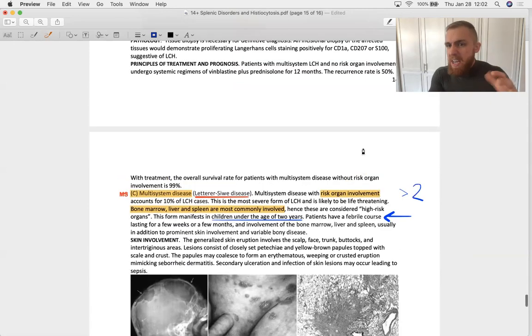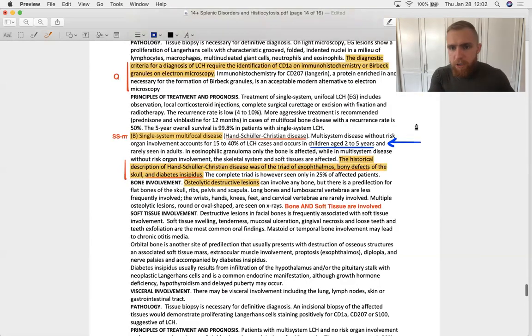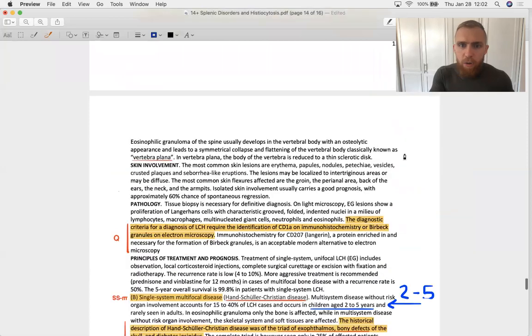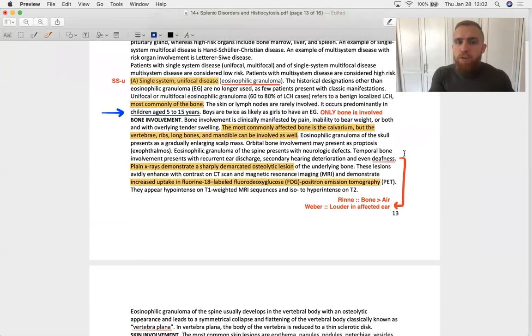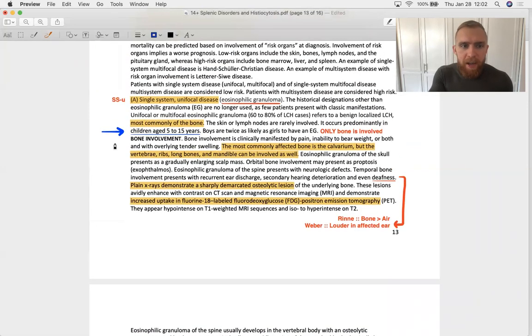The intermediate subtype, called Hand-Schüller-Christian, is in kids 2 to 5 years old, according to the SDL, most commonly. And so then the most benign subtype is going to be in kids over 5 years old. So the age is important in telling them apart.